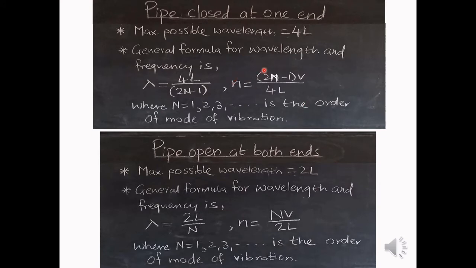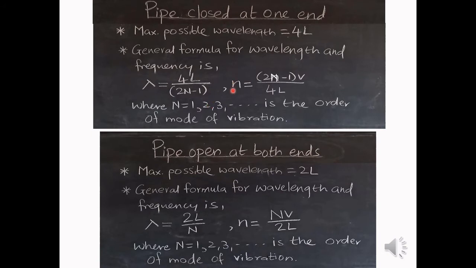The general formula for wavelength and frequency here is lambda is equal to 4L divided by (2n minus 1), where n is 1, 2, 3 and so on, and it is the order of mode of vibration. So if you put n is equal to 1, it will be the first mode. For second mode, n is equal to 2 and so on.